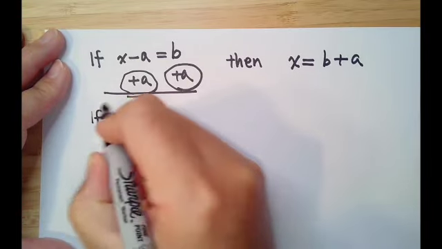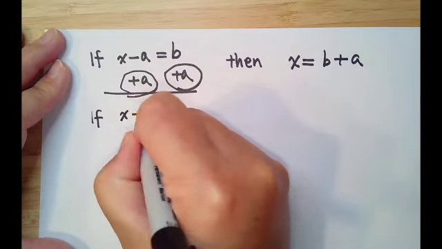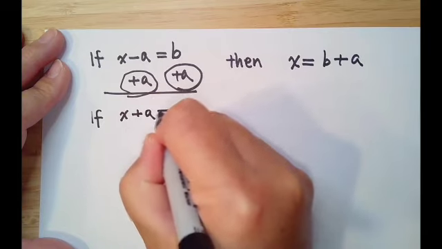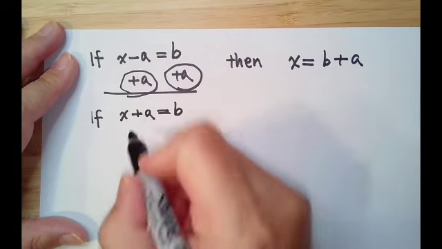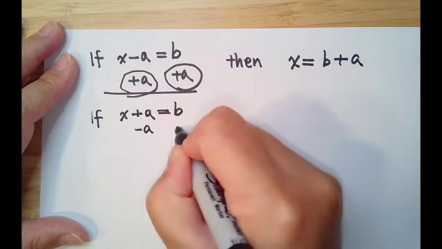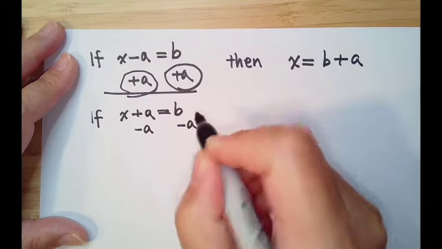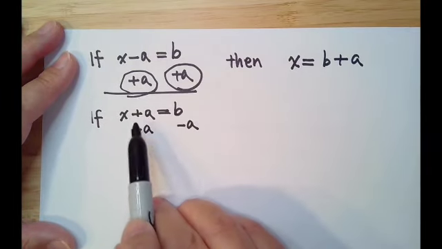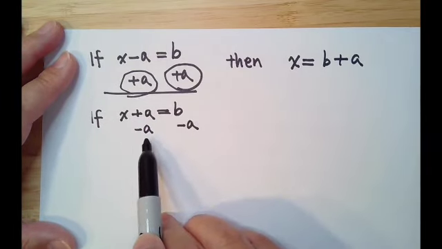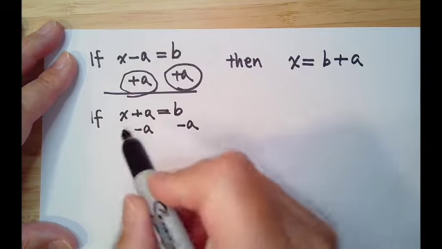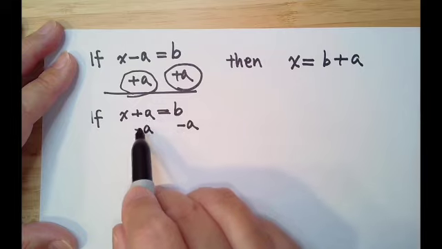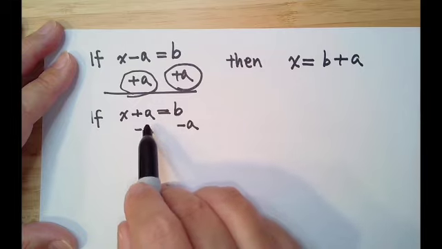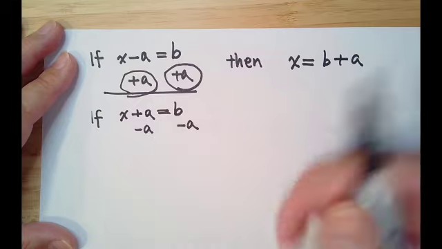Second property is if x plus a equals b. And then I'm going to add negative a on both sides. So I'm doing what? Inverse operation, isn't it? This is a plus a, so I do minus a, which is the inverse operation. And the good thing about this inverse operation, because we have the property about the addition of real numbers, a minus a is 0.